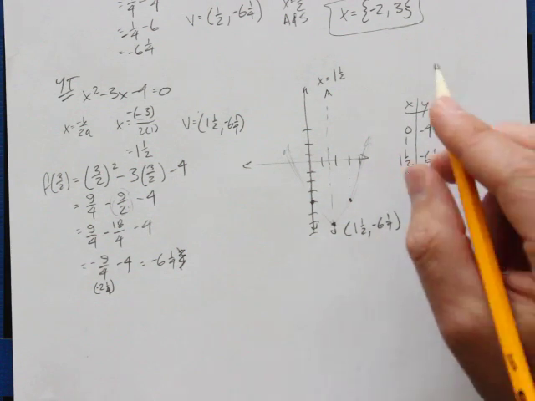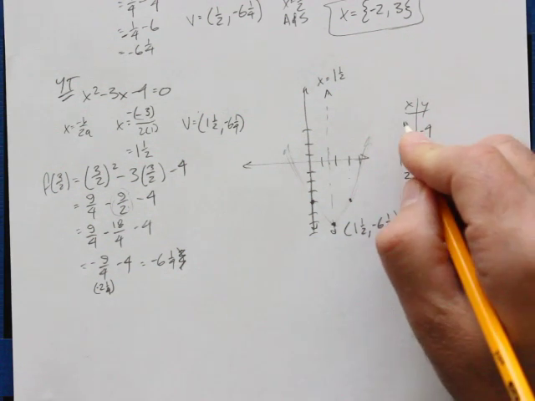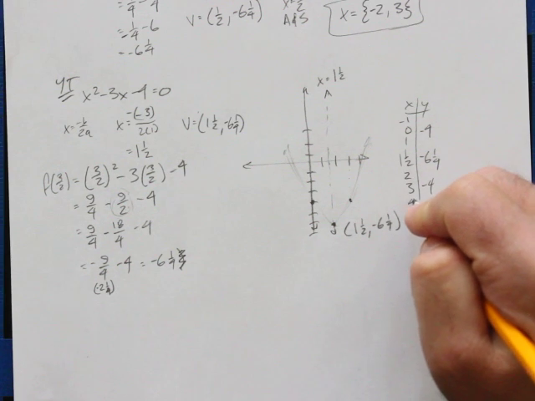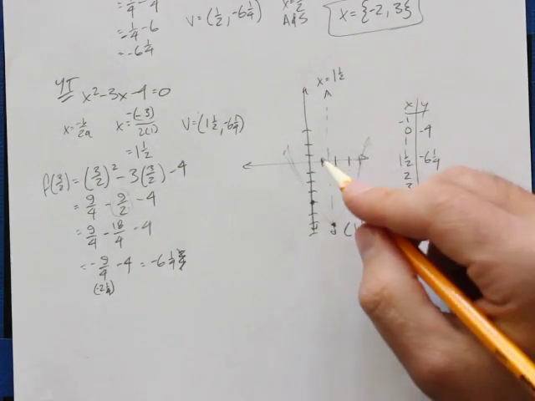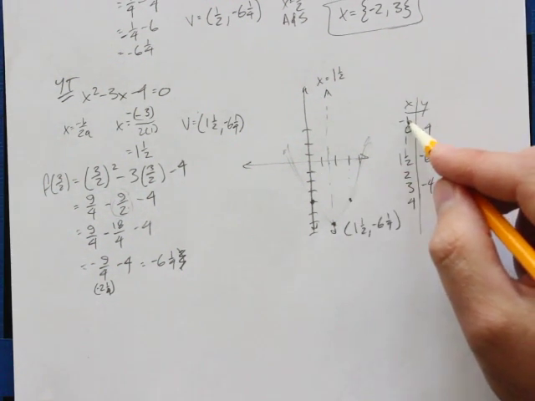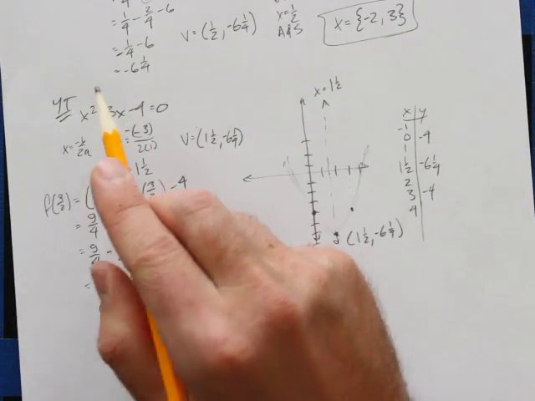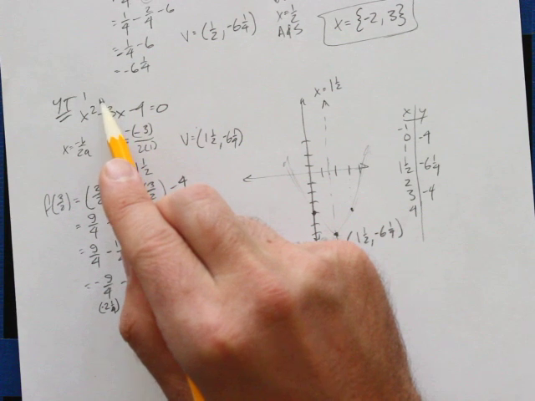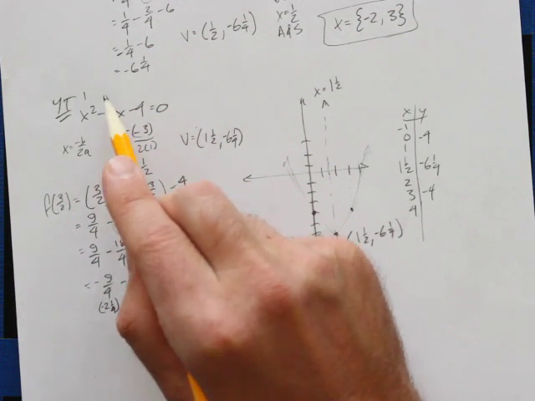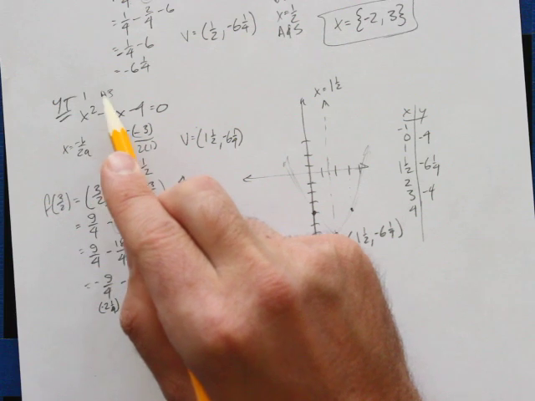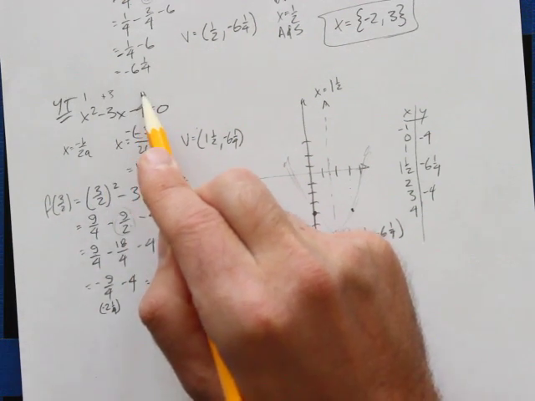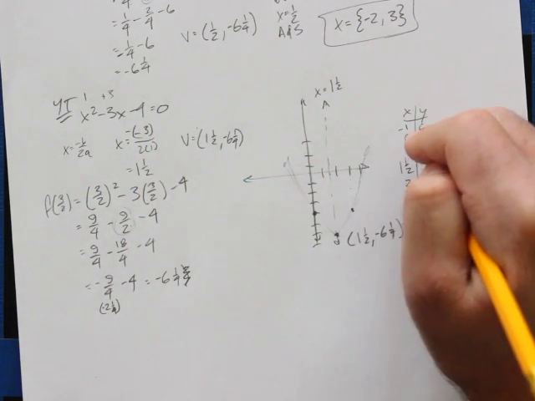So let's try negative 1 and 4 and see what that gets us. So let's try negative 1 in here. Negative 1 squared is positive 1, minus 3 times negative 1, that'll be plus 3. 1 plus 3 is 4, 4 minus 4 is 0. All right, so this one gets me 0.